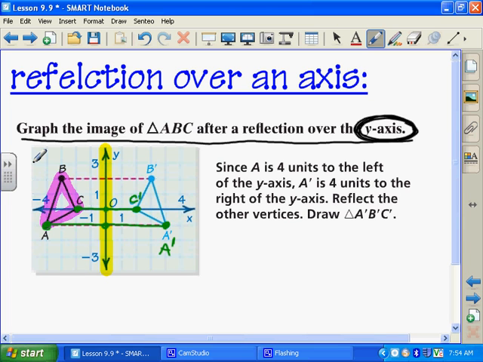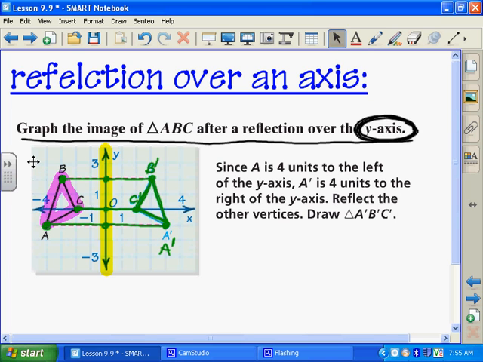So then I can connect those dots, and I have my new image, which has been reflected over the y-axis. Since A is 4 units to the left of the y-axis, A prime is 4 units to the right of the y-axis.